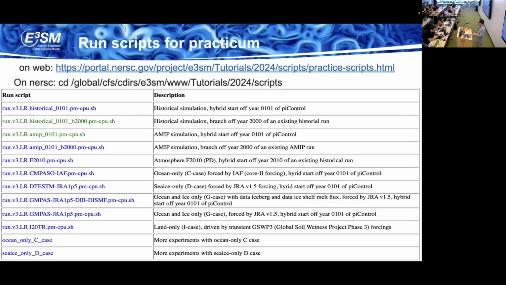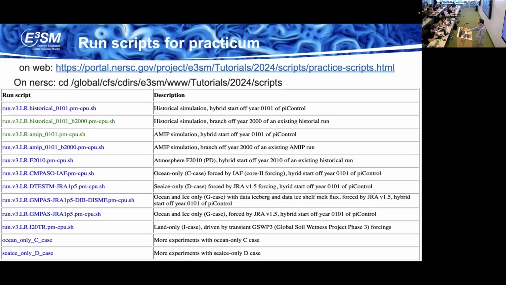With this background, today we will provide a list of practice scripts for a couple of cases: the F case, B case, C case, D case, G case, I case, all these kinds. At least each has one example here, and we have more for the C and D cases, which are relatively cheaper. Maybe the D case is also more efficient to run.